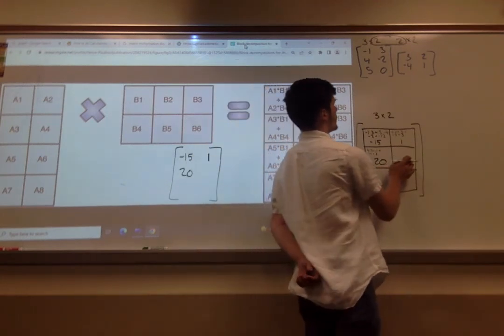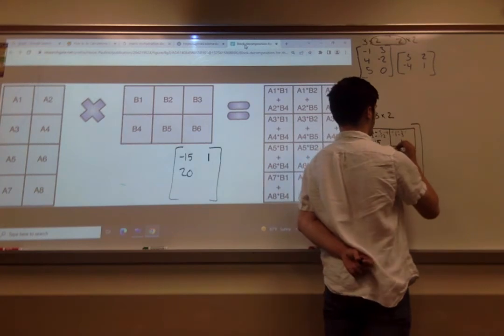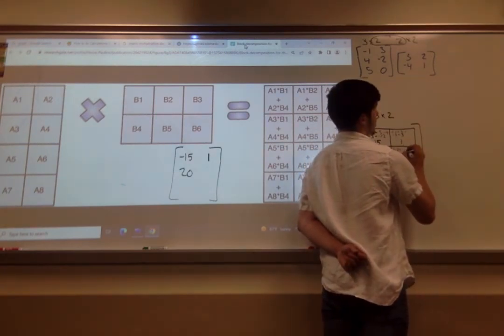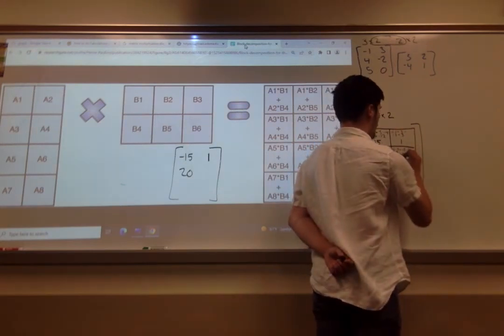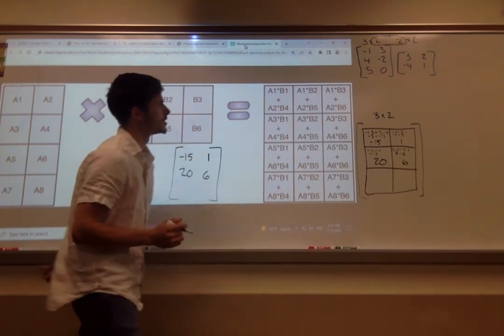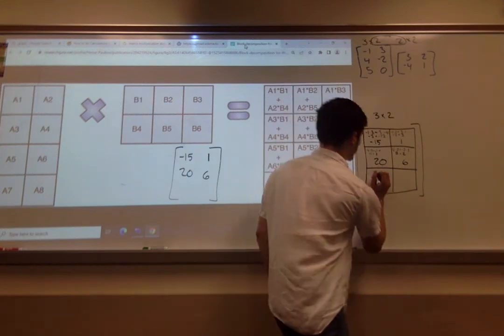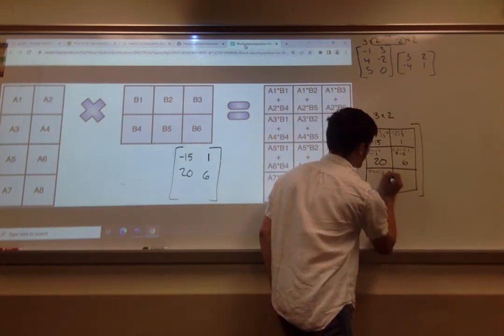We'll go over to this side. We got middle row again, right column. So we got 4 times 2 plus -2 times 1. 8 minus 2 is 6. We're almost there. Bottom row, left column, 5 times 3 plus 0 times -4.